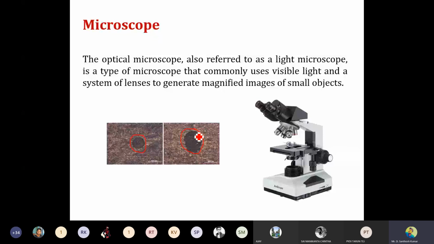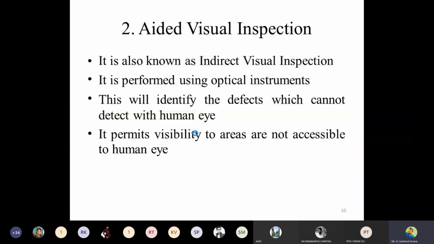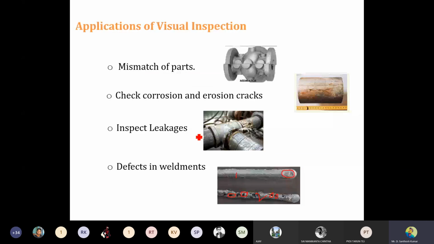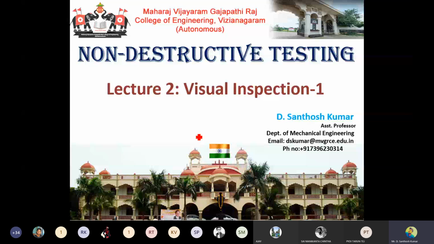So all these things are different visual inspection methods, and what kind of sources are required for visual inspection. I hope you understand the entire visual inspection method up to microscopy techniques.